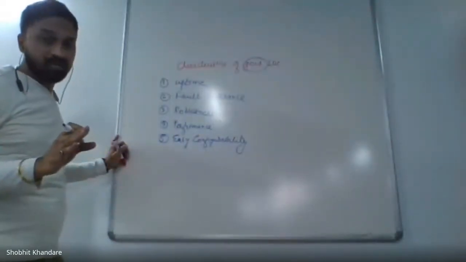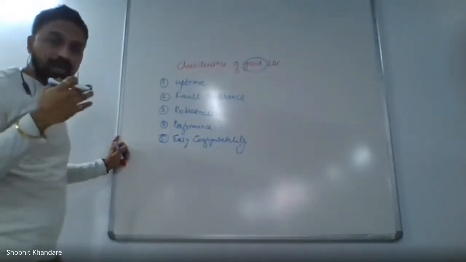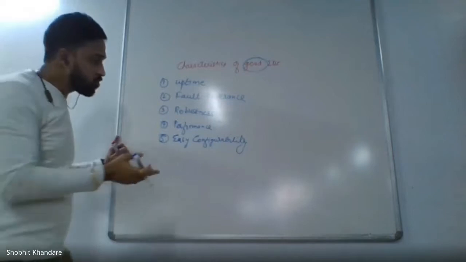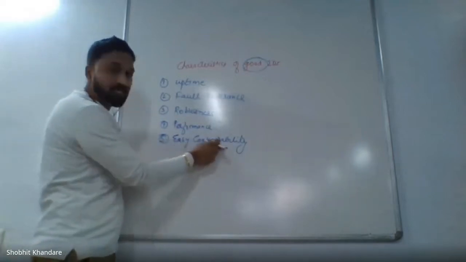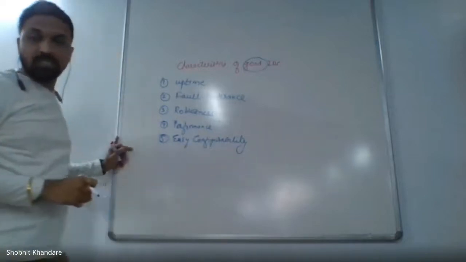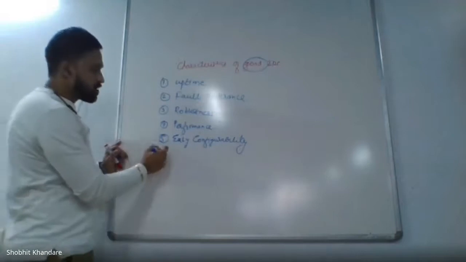It should not be a complex task to configure. It should be as easy as possible. So while I am configuring my IDS, it should be easy. So that is the fifth point.